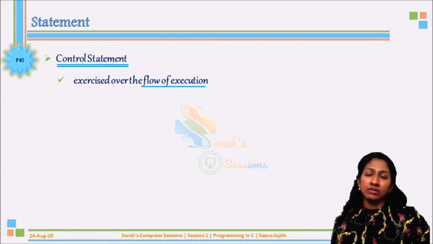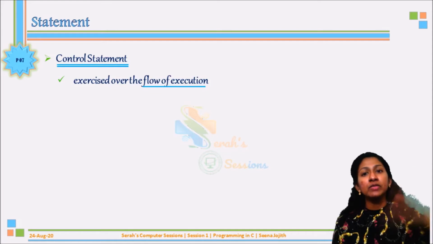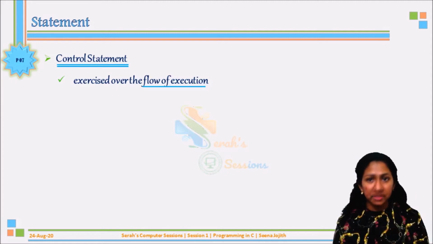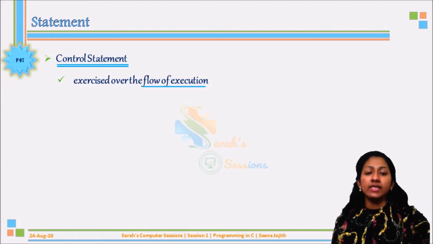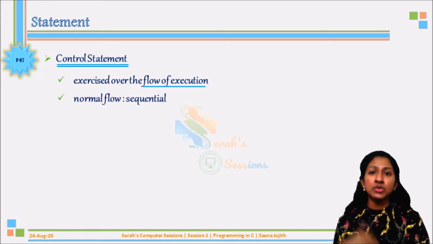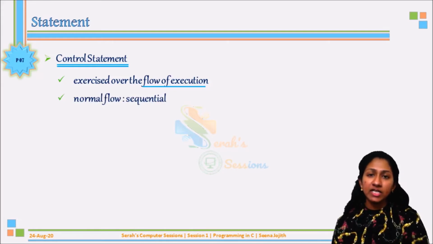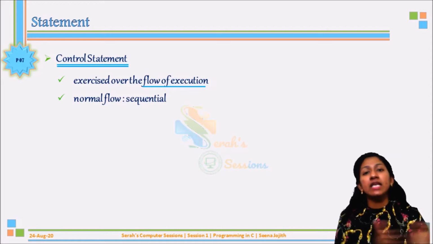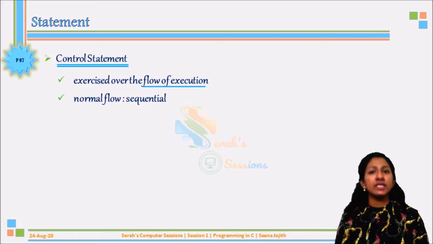Execution is like after you write the program, you give the program to the compiler to run it and give you the desired result, right? Usually the normal flow is the sequential flow. Sequential flow means the execution starts from the first line of the program and moves by taking the next and the next lines till the end of the program. That is the normal flow of execution, right?